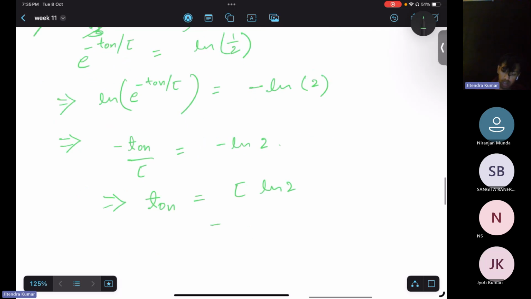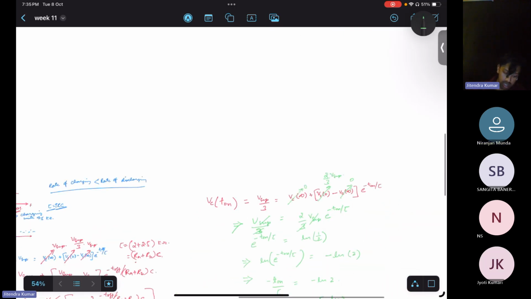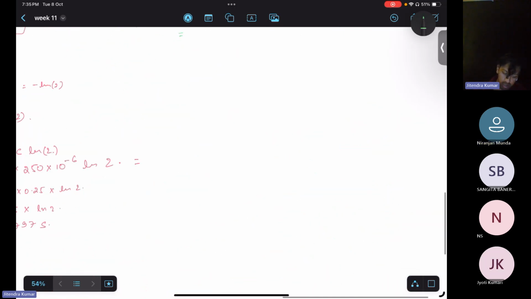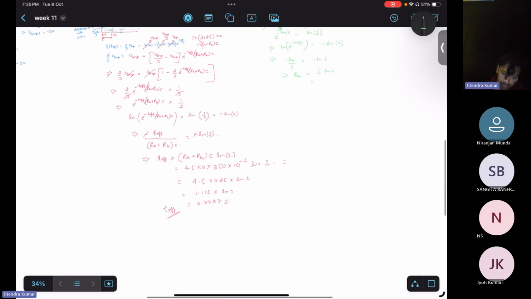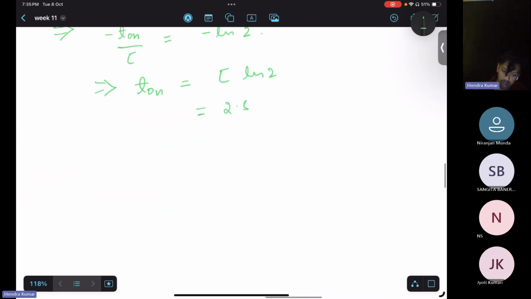And what is the value of tau here? Sorry, during discharging, what is the value of tau? 2.5 kilo. Excellent, Niranjan. So 2.5 kilo into ln 2. So this is the expression of the on time, and we can calculate here itself. So 2.5 into C. C also we forgot.